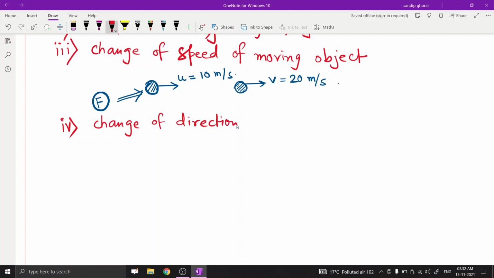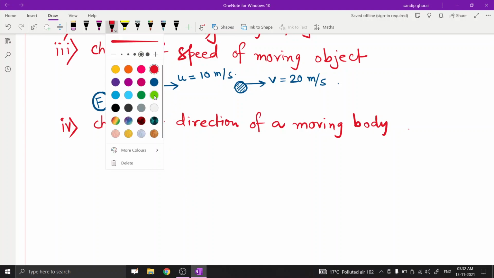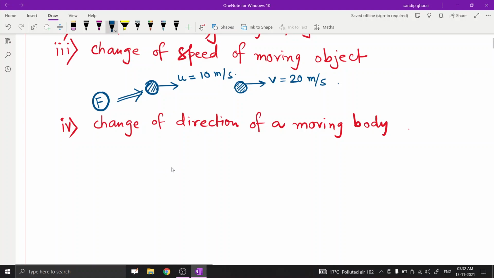Change of direction of a moving body. Suppose this is the body and it moves in this direction, the east direction.